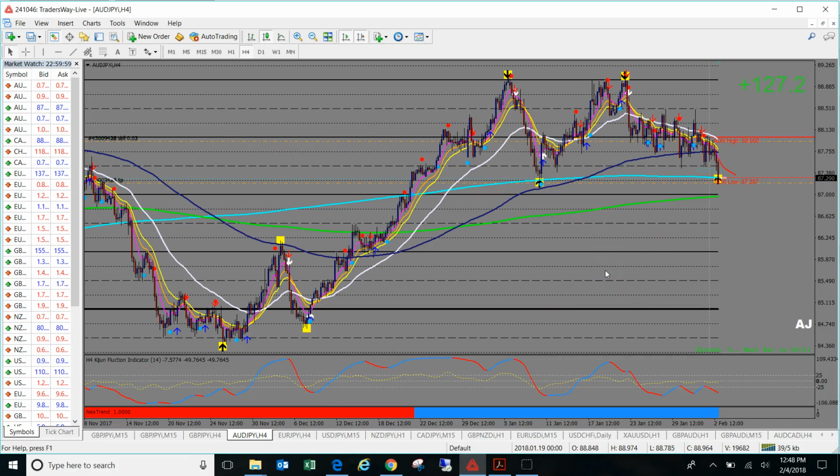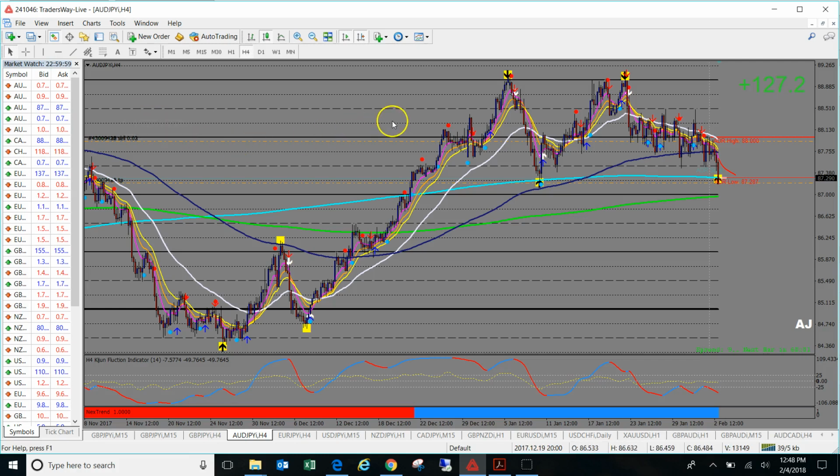So pretty much that's it. For those of you who wonder how you can use the Agimat for potential take profit areas, all you have to do is use what's already here. They're already plotted out for you. They're 25 pips from each one, which if you're scalping is really good.